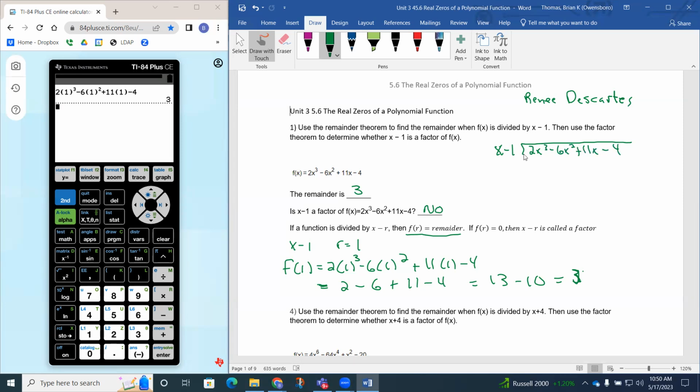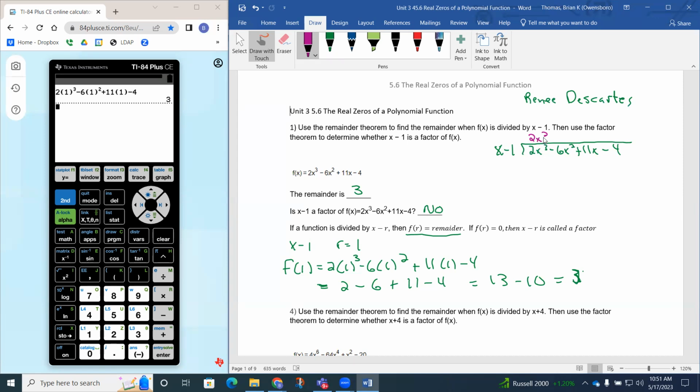Remember, when we do this, we use the front end. How does x minus 1 go into 2x cubed to start with? Just focus on the x. What times x is going to be 2x cubed? Well, I would need a 2x squared. 2x squared times x would be 2x cubed, so that works.